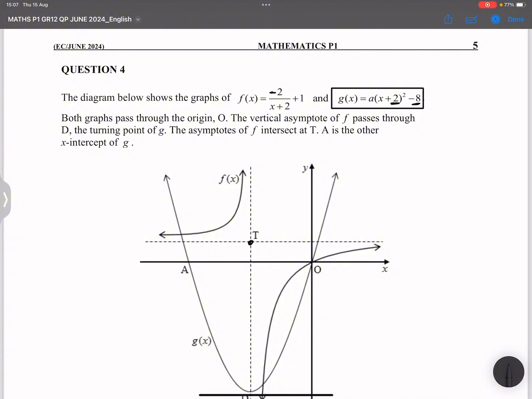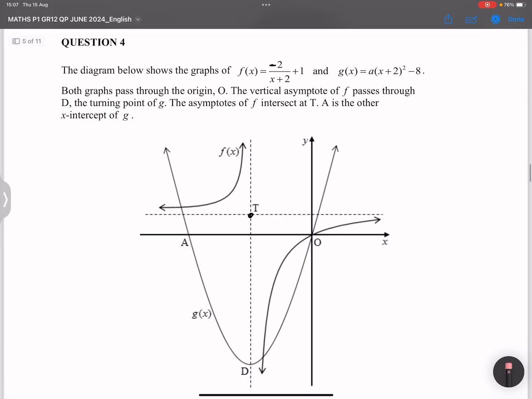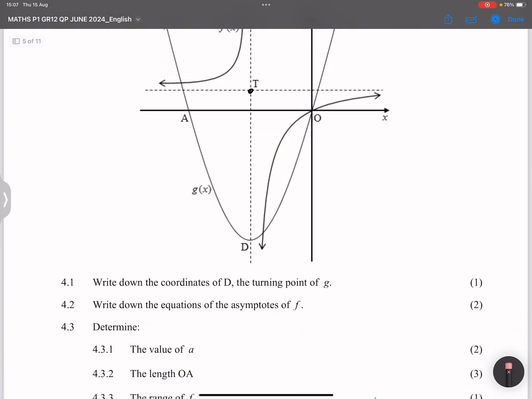But what you need to keep in mind is that the x value needs to change sign, right? So that means that my turning point will be at x is negative 2 and y is negative 8, right? The y value retains its sign. So D would have the coordinates negative 2 and negative 8. So I'm going to write that down there.